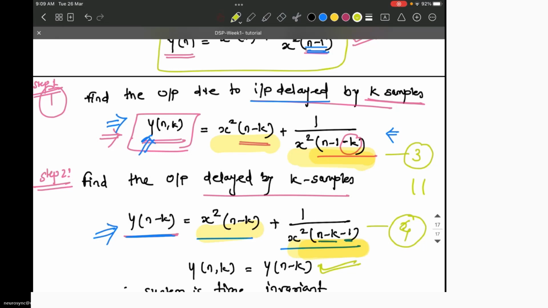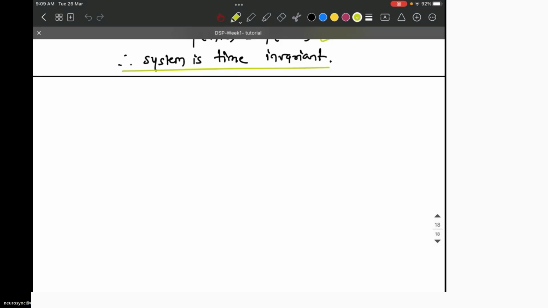Now, can you do one exercise? I will give you one example to find these properties. So let us take an example.